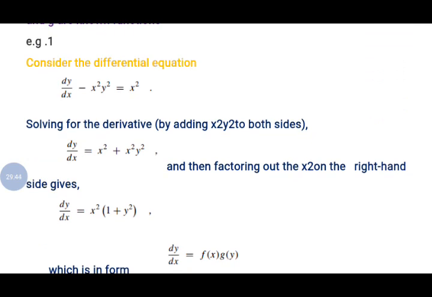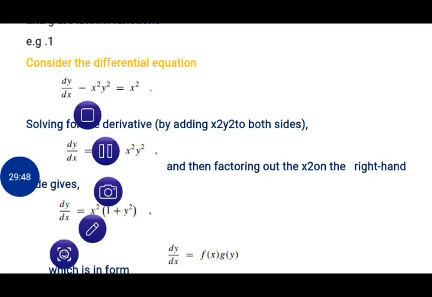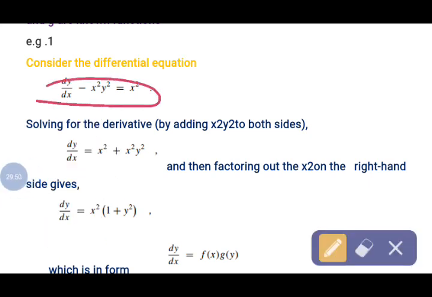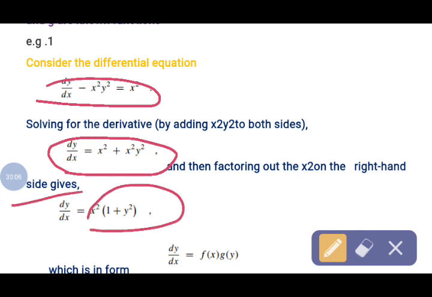Example, consider the differential equation written in this form. Solving for the derivative by adding x squared times y squared to both sides, we come up with this function, and then factorizing out the x squared on the right hand side, it gives this function.